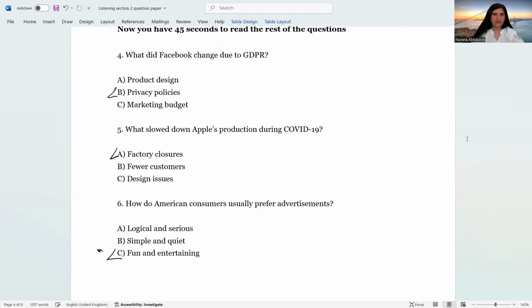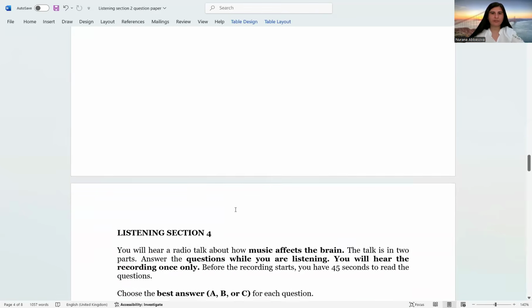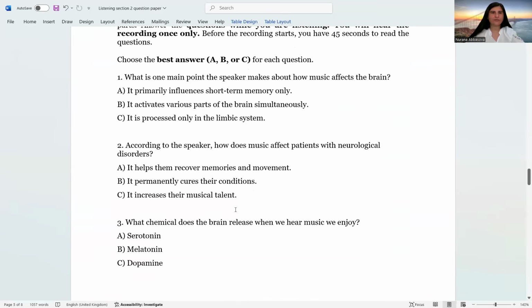This was not difficult. This was a little bit unstated. You had to guess it. This was said in a difficult way, but this one was easy. This fun and entertaining, they directly said the same thing. They didn't even paraphrase. Section 4, 1, 2, 3, about music.